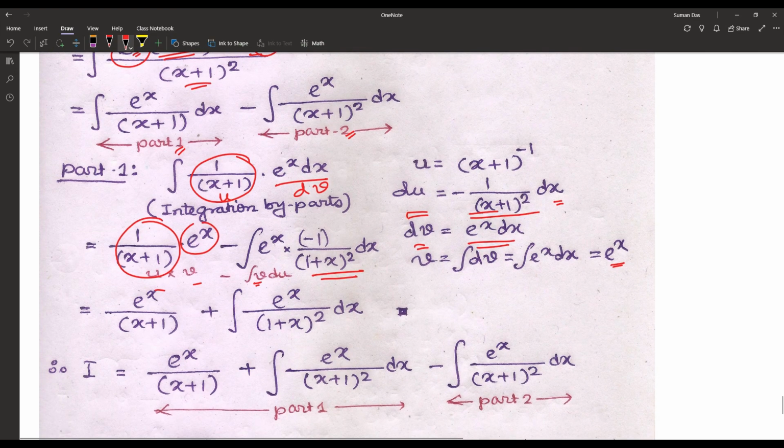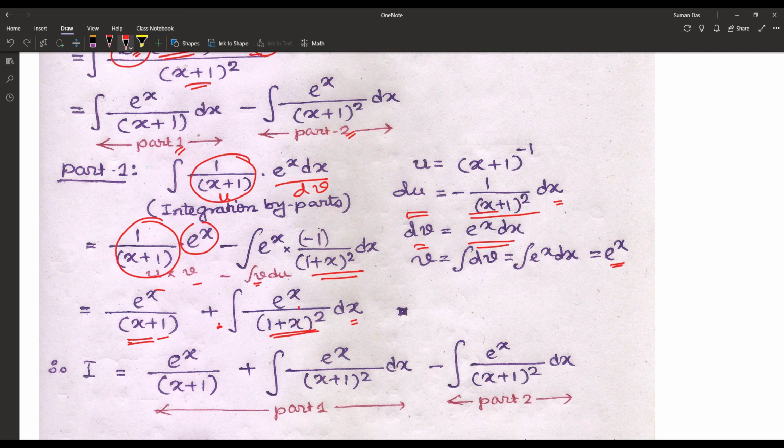So if we look at that, it is e^x by (x plus 1) plus the integration of e^x divided by (1 plus x) whole square dx.